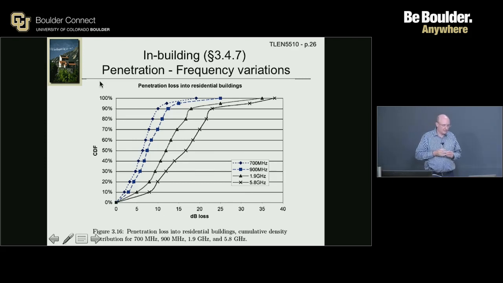Finally, one of the most difficult things to predict is how well the signal will go from an outdoor environment into a home. That in-building penetration. There's a number of reasons for that. The main reason is that the outdoor environment is very different from the indoor environment.